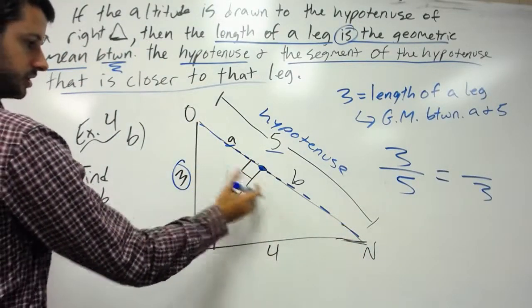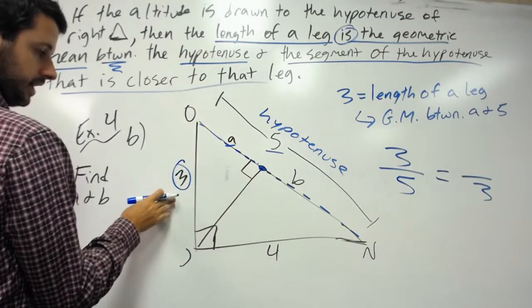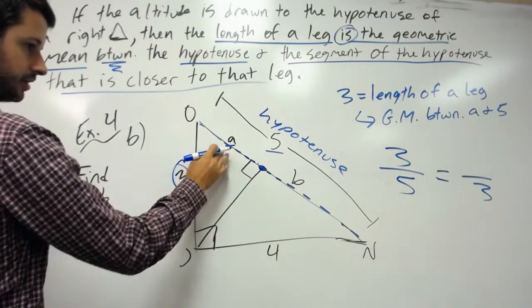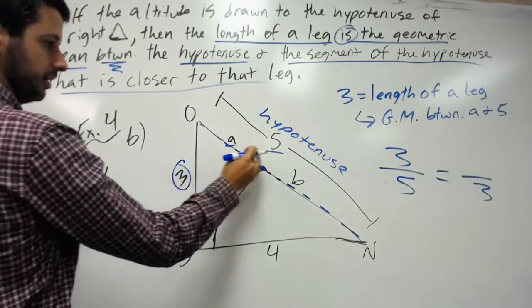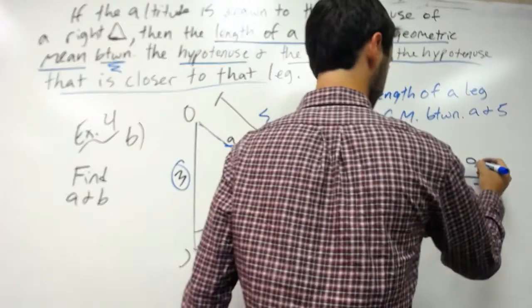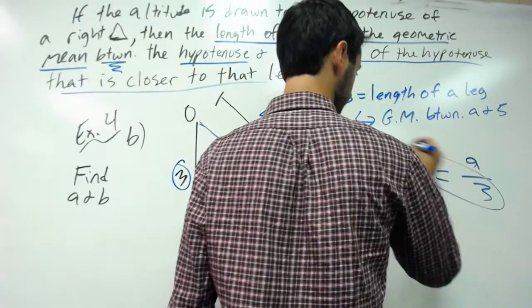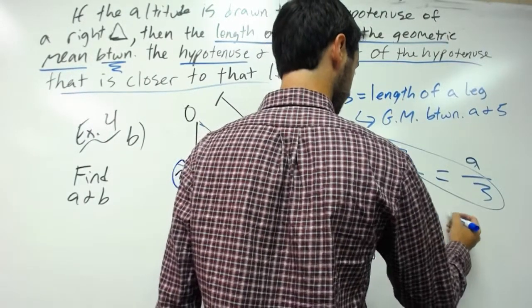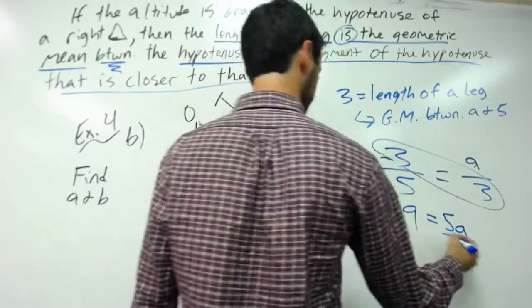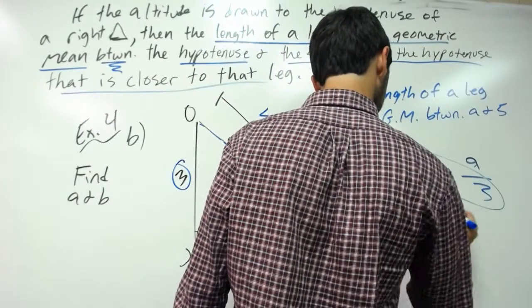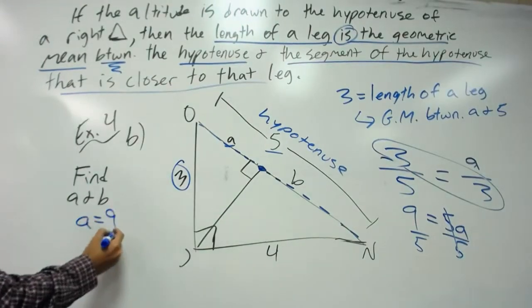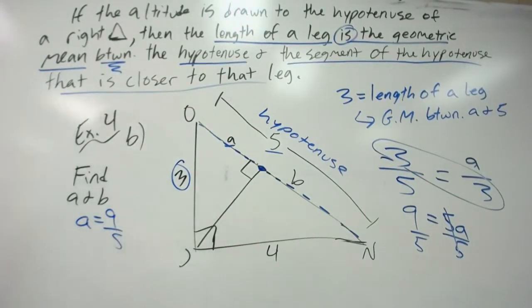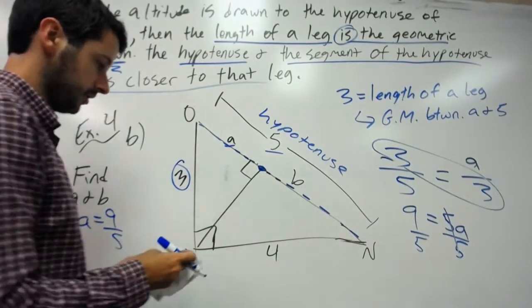Which of those two is closer to this leg? A. So therefore, 3 is the geometric mean between A and 5. And now we can solve. 3 times 3, 9 equals 5A. Divide by 5. 9 over 5 equals A. And that's how you do the geometric mean there.